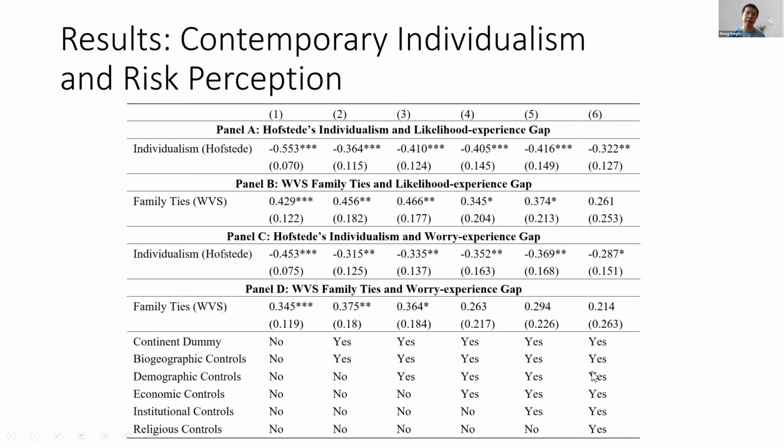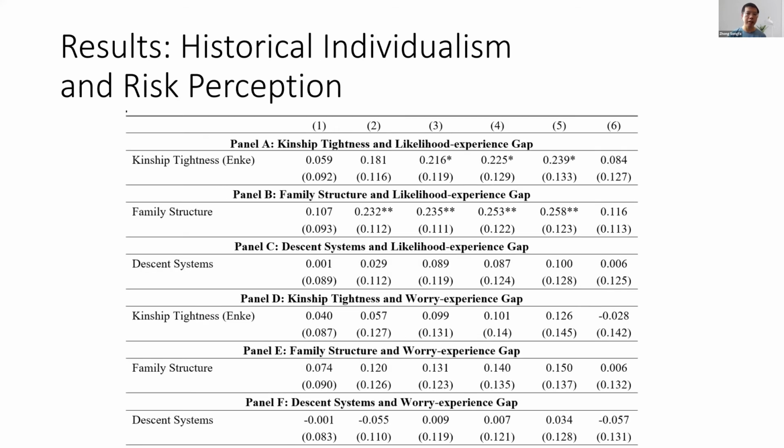This may reflect the fact that religion may be an important aspect of individualism. And in the data, we do see that religion, especially the share of Protestants in the population, is highly correlated with these individualism indexes.